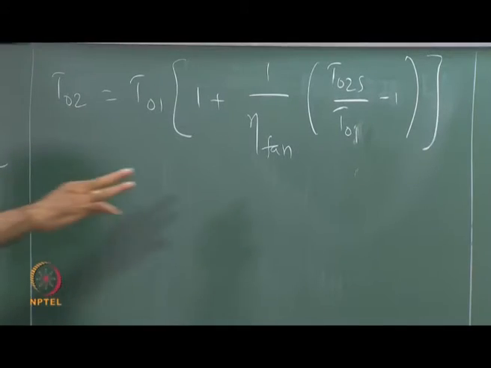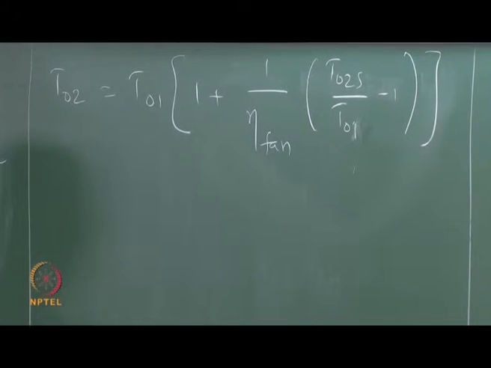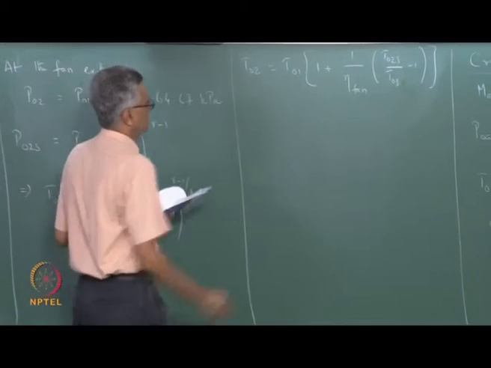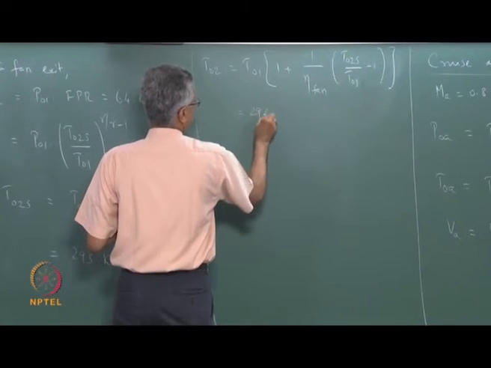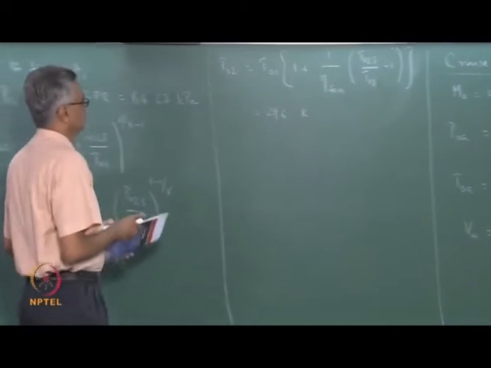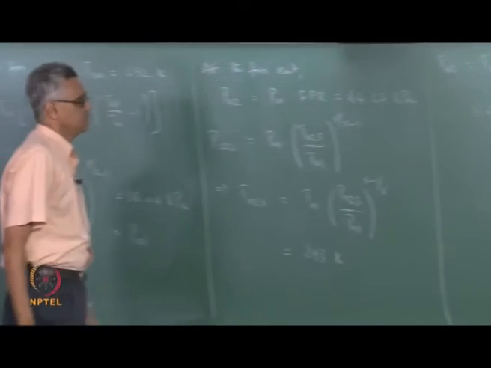So this is the definition of the isentropic efficiency of the fan, and if you substitute the numbers, I get T02 to be 296 Kelvin. So now we have P02 and T02.